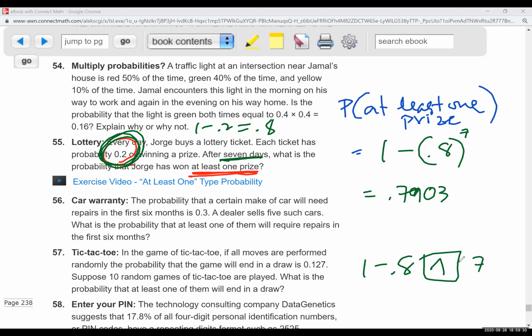Yes, instead of multiplying 0.8 repeatedly. So that is correct. Oh, so after she did it to the 7, she subtracts it from 1? Yes, always. Oh, okay. Got it.